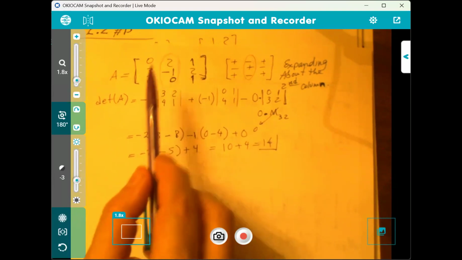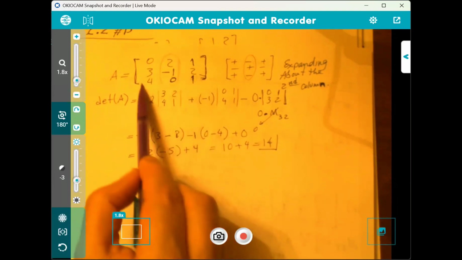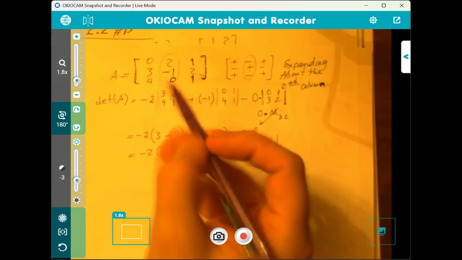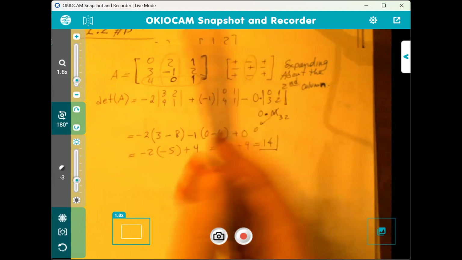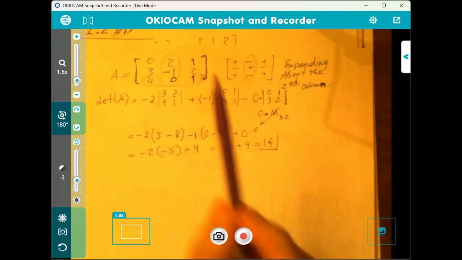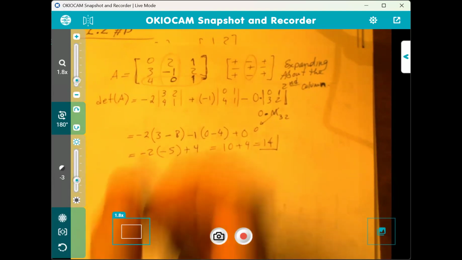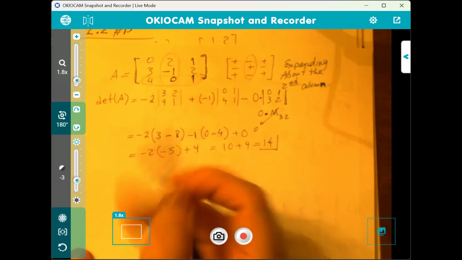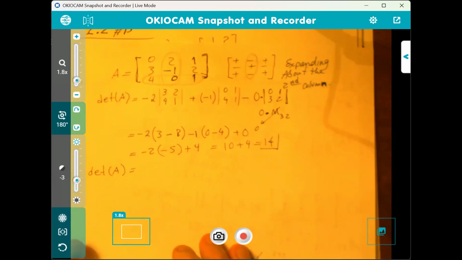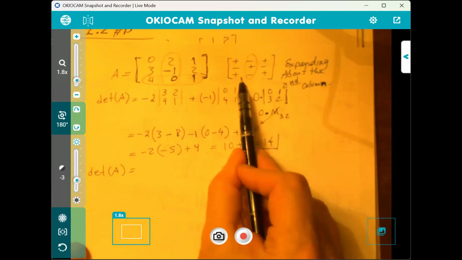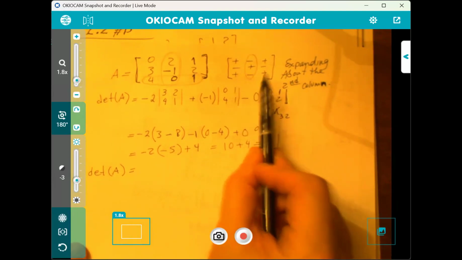Now, my choice was second column. Somebody says, well, why didn't you do third row? Because that one has a 0, and you're perfectly fine. That's a legit argument. You could have done it by 401. Now, just to set this one up, let's say I want to expand about the third row. It won't take long to do. The sign on the third row, the signs are plus, minus, plus.